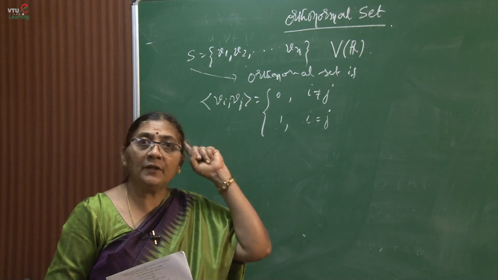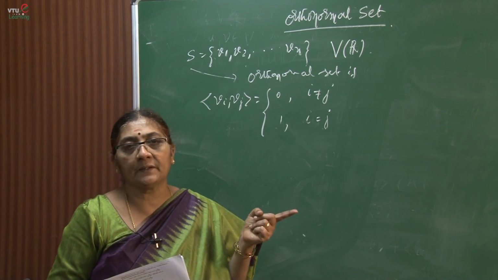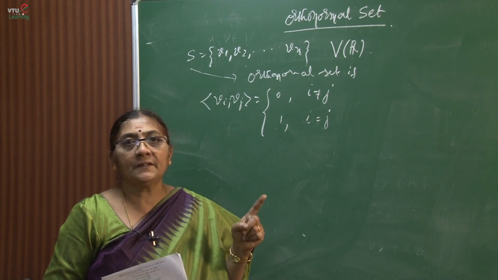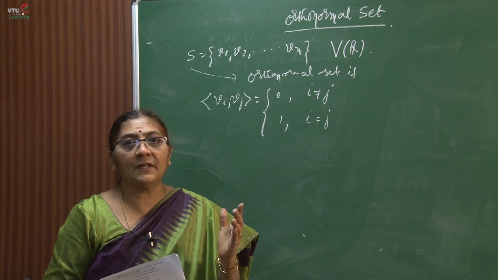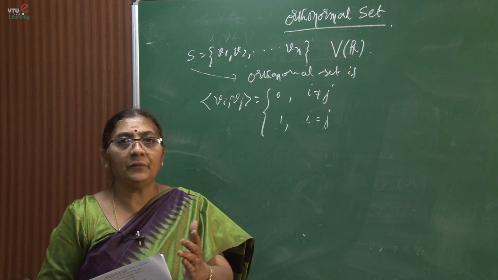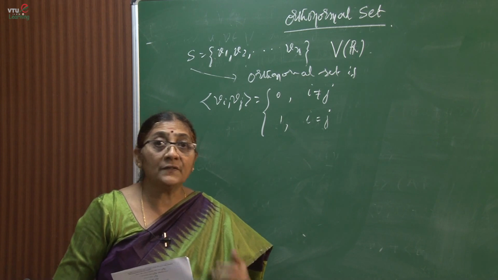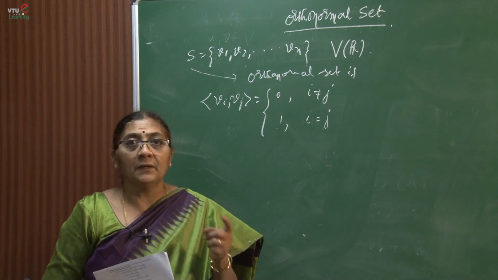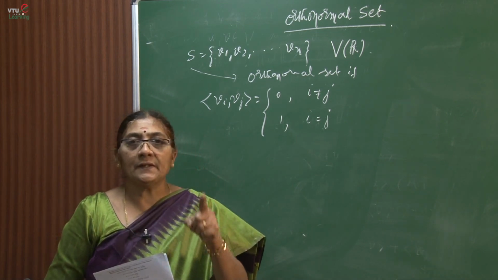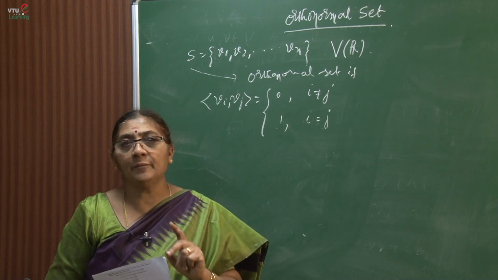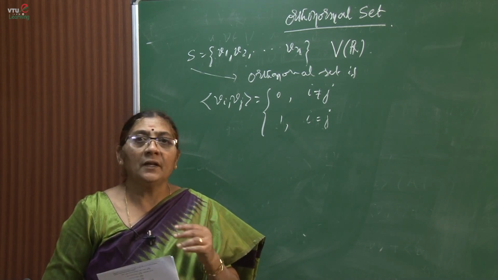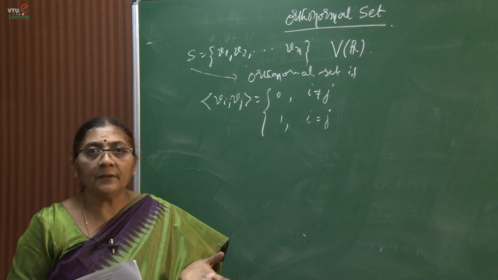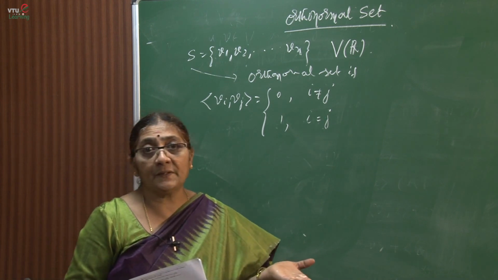How do we get this? From the result we discussed in the previous class. Suppose S is equal to V1, V2, etc., Vn, a set of n non-zero orthogonal vectors. We proved that S is linearly independent and S is a basis for the inner product space over the set of real numbers. Means it's an orthogonal basis.